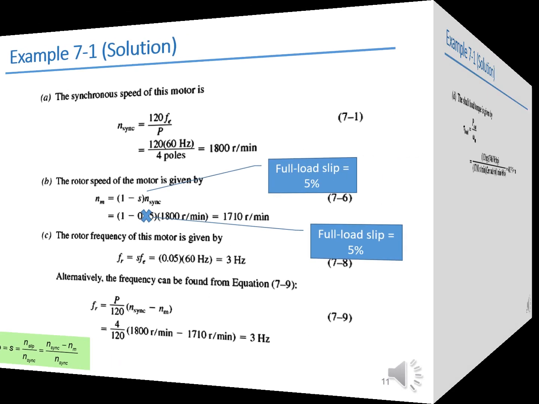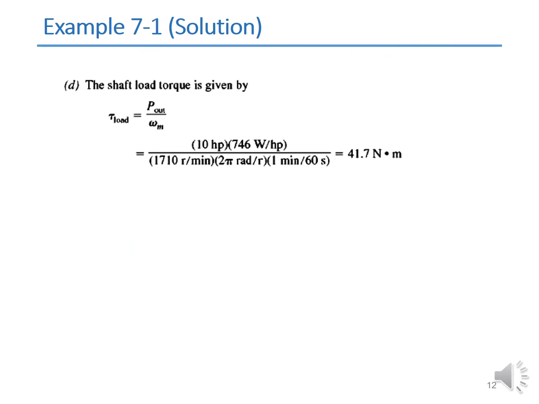Then to find the torque, we use the equation for power. The output power is equal to the load torque times omega_m, and if we rearrange this equation, the load torque is equal to the output power over omega_m.